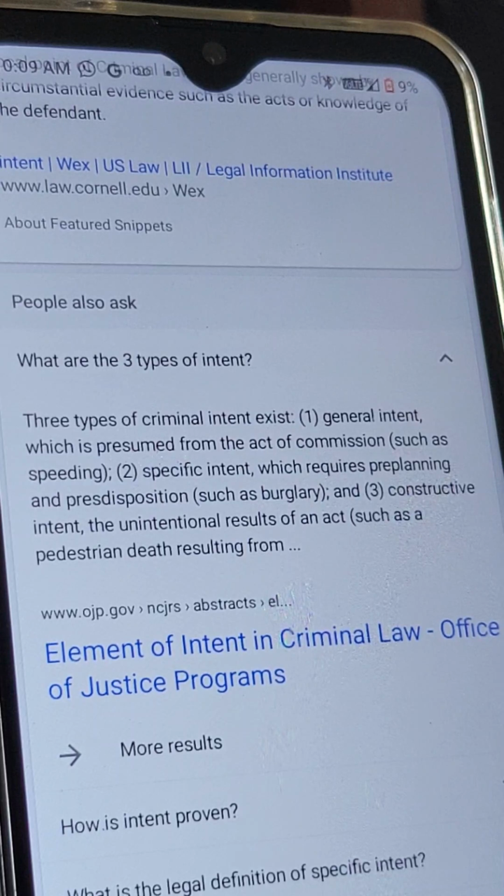General intent, which is presumed from the act of commission, such as speeding. Specific intent, which requires pre-planning and predisposition, such as burglary. And constructive intent, the unintentional results of an act.